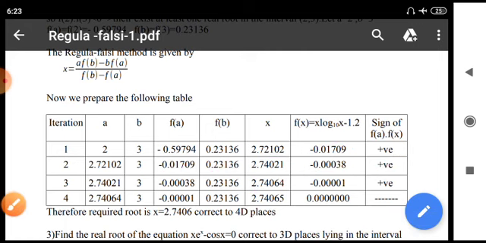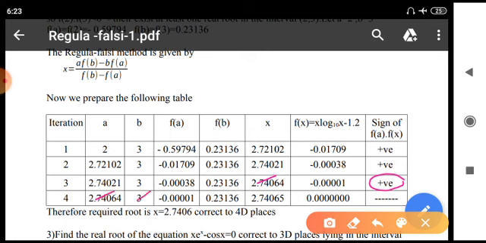Dear students, you can observe here these two values. We have to get the answer correct to 4 decimals. So we can see here the answer is almost same here for 3 decimals, but we have to get the answer for 4 decimals. So since the product is positive, again we will put x value under the column A.